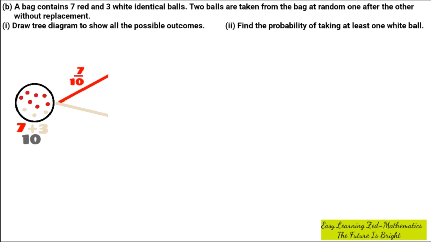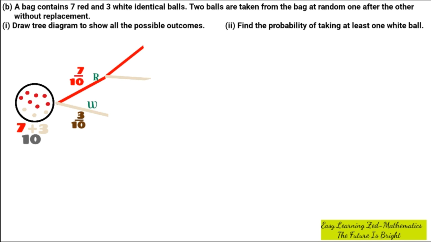There are 3 white balls, out of the total 10. So the probability of picking a white ball at first is 3 over 10, and the probability of picking a red ball at first is 7 over 10. Remember, the red line stands for red, and the white one stands for white.